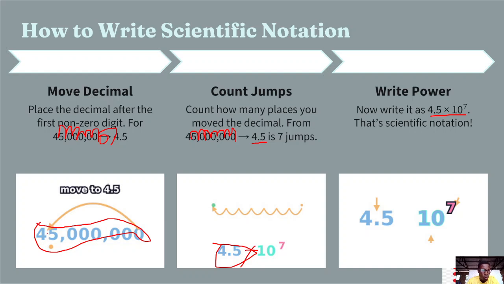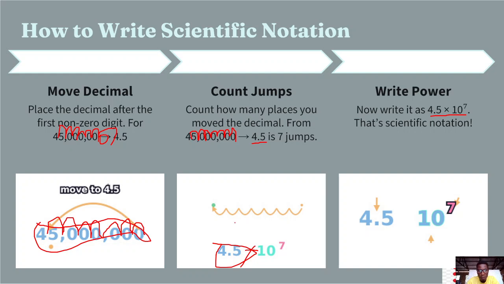Then you move from that decimal point to the last 0 by counting the number of jumps you make. So we move from here 1, 2, 3, 4, we have 5, we have 6, we have 7. So we move 7 times.